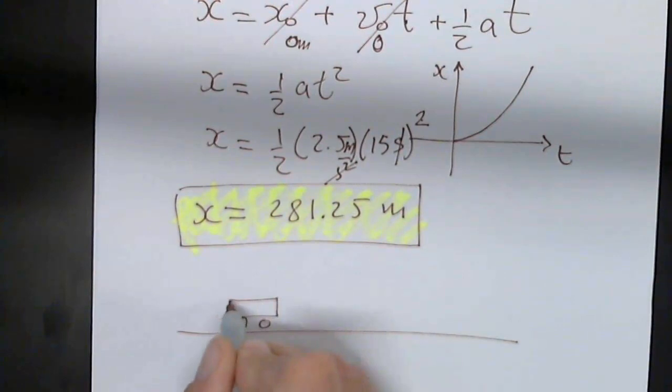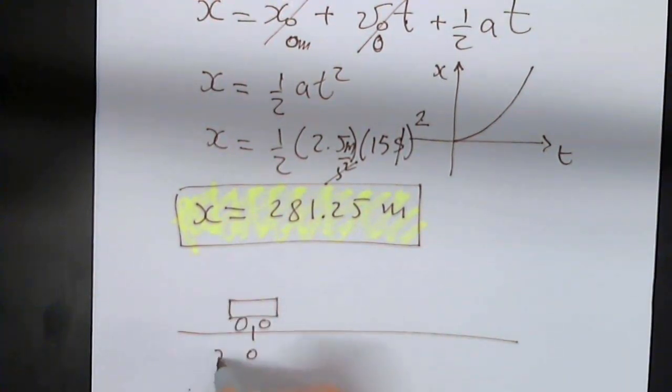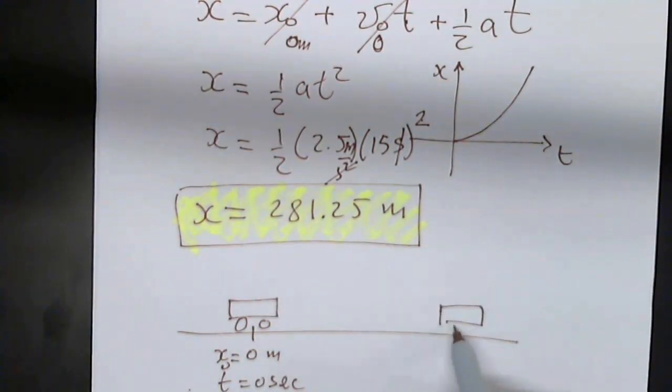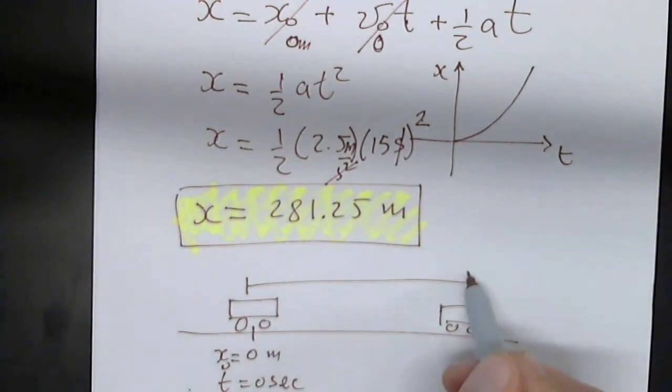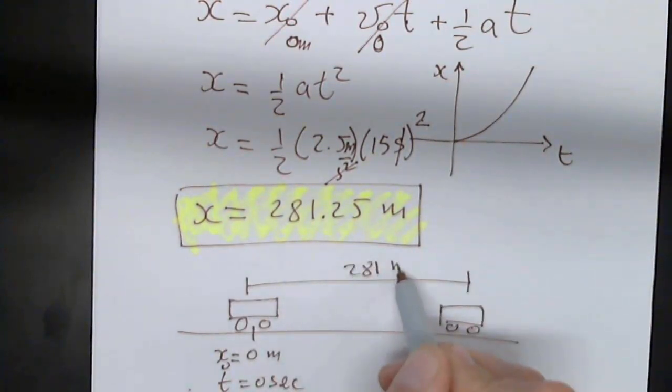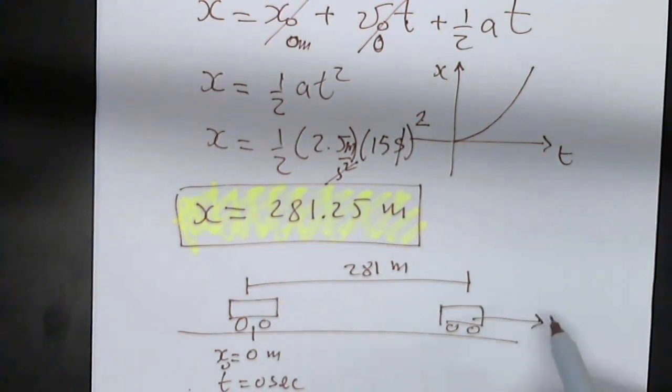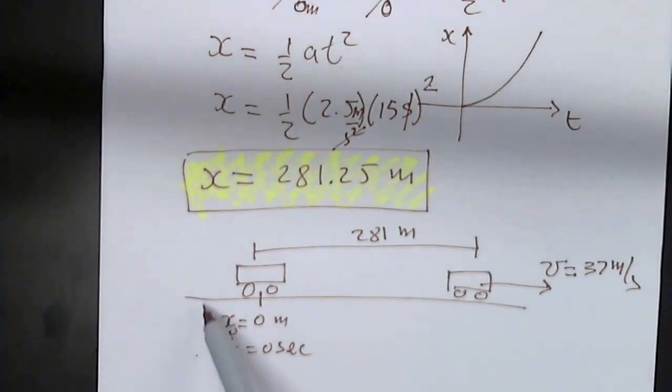We just draw it like this: 0 meters, 0 seconds, and 15 seconds later, this distance is 281 meters, and this velocity is 37 meters per second. So this is a model of the reality of a train moving with constant acceleration.